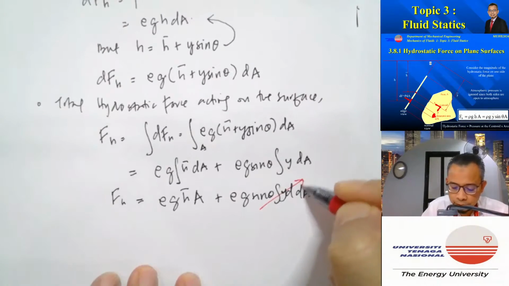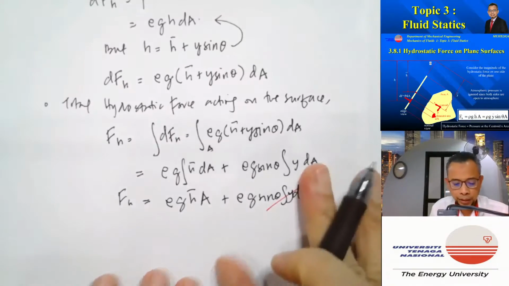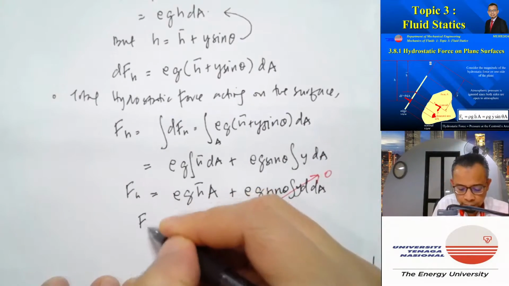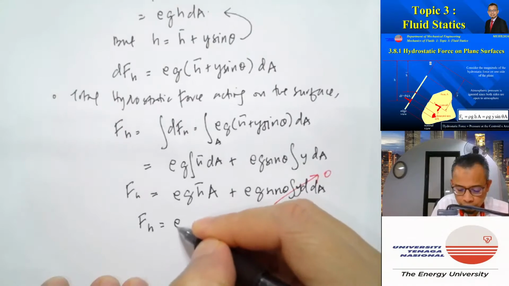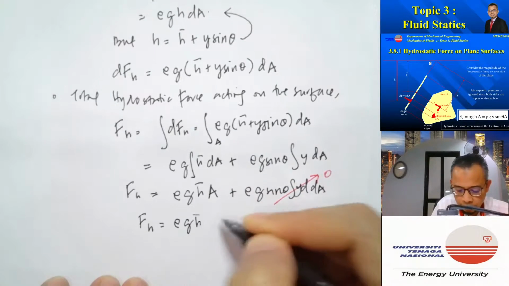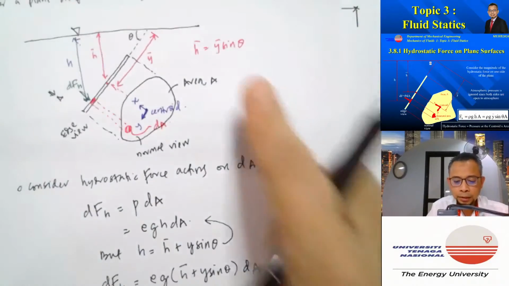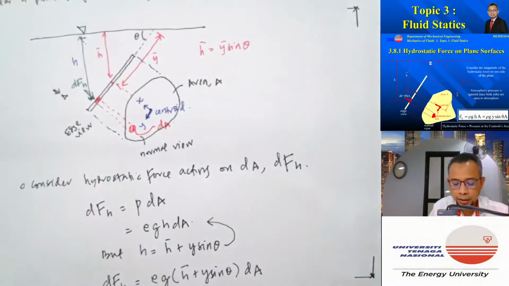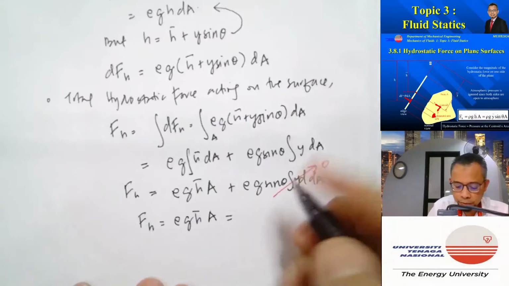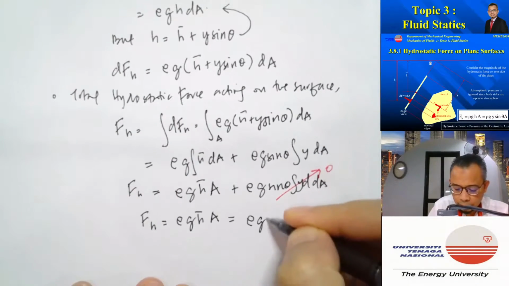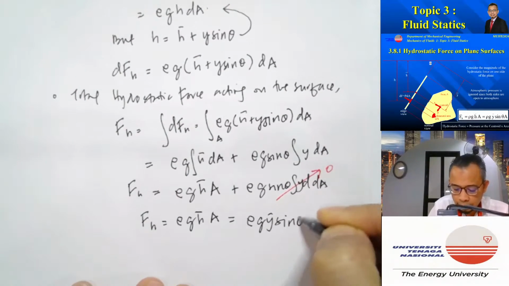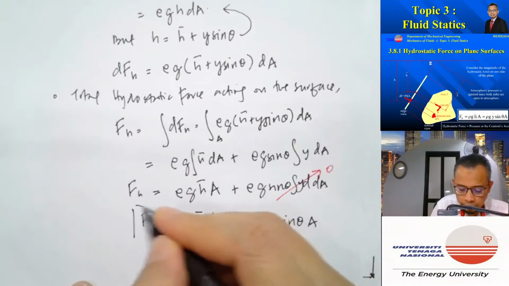So this is 0. So we have F hydrostatic equal to rho g h bar A. Or we can also put it in terms of y bar, that's also equal to rho g y bar sine theta A.